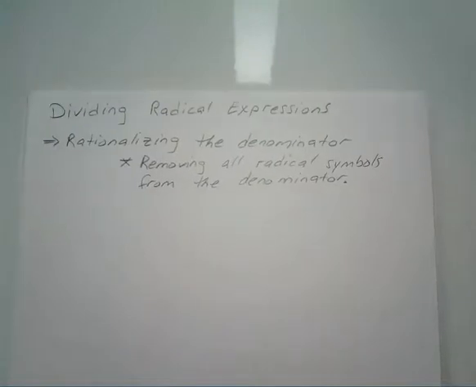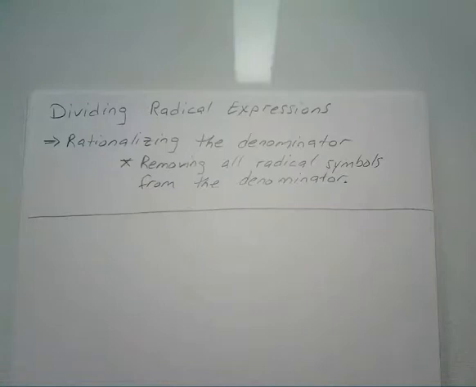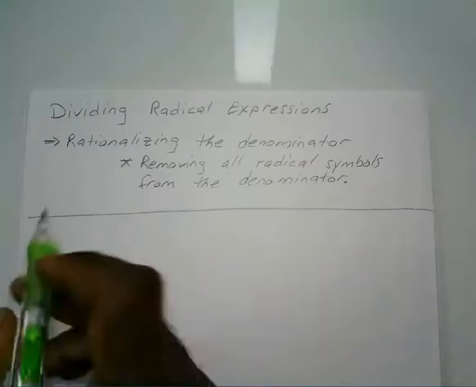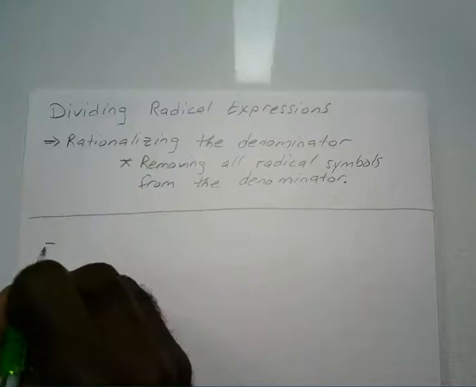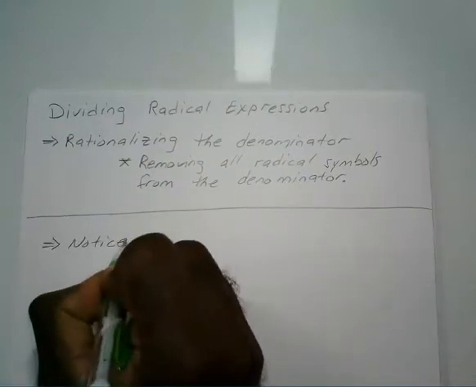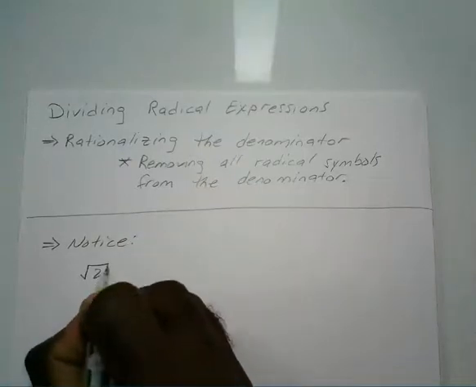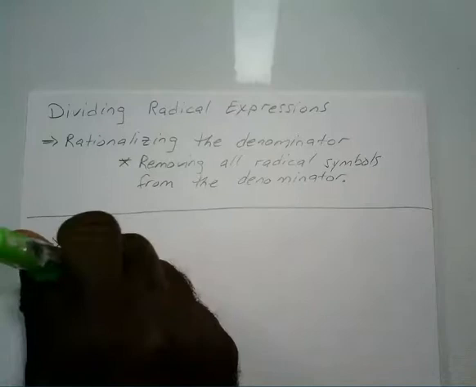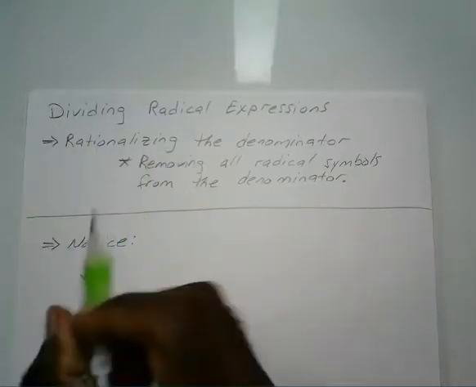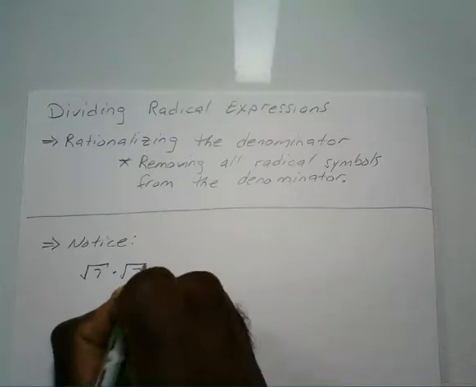Okay, now there are a few things I want to point out before we get started. Okay, so you want to notice if we have, let's say, square root of 7 times square root of 7.